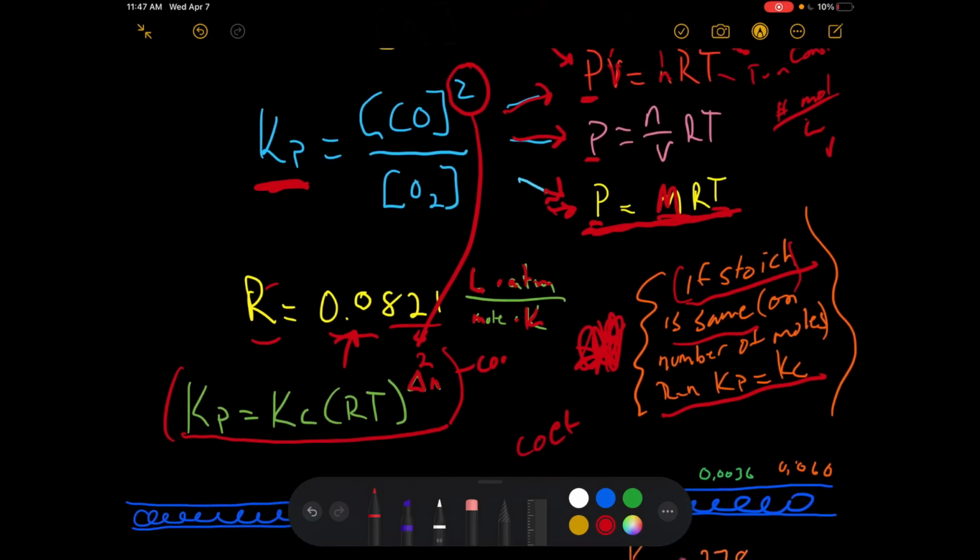Just know this, that pressure and concentration really don't have to be the same if the actual volume is different, right? Like you could have the same amount of concentration in a larger vessel. If the volume of the vessel increases, then the pressure is going to decrease, right?